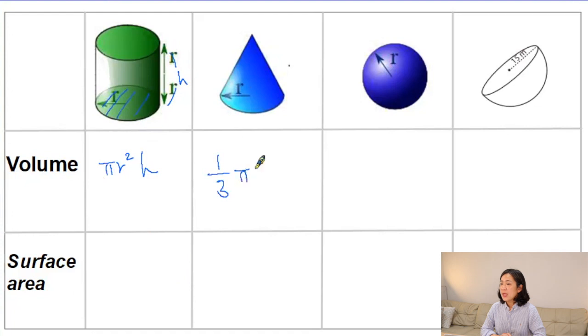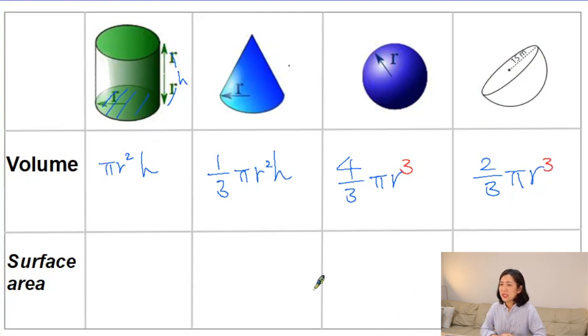So 1/3 pi r squared h. Then the volume of a sphere is, remember, 4/3 pi r cubed, not squared, okay? That's the important part. Now the hemisphere is half of the sphere, so that will be 2/3 pi r cubed.